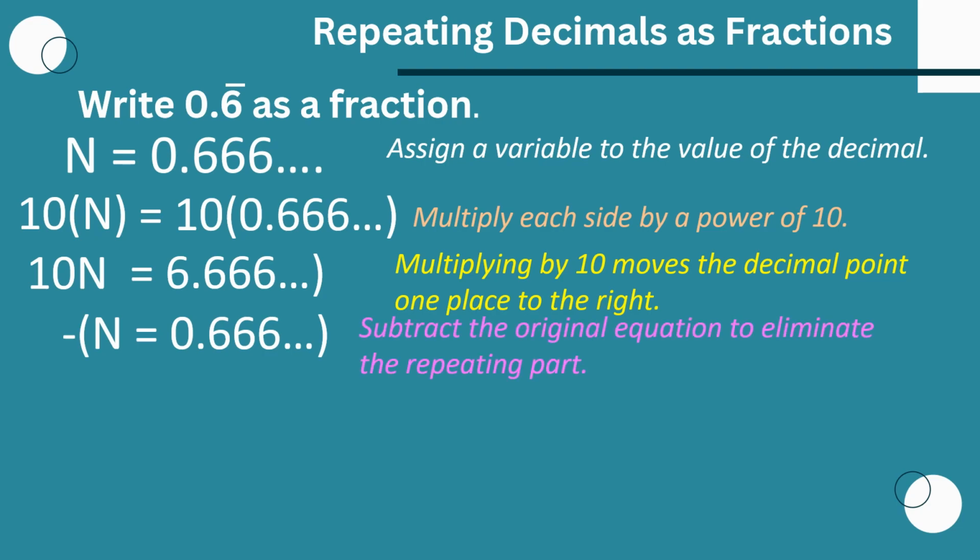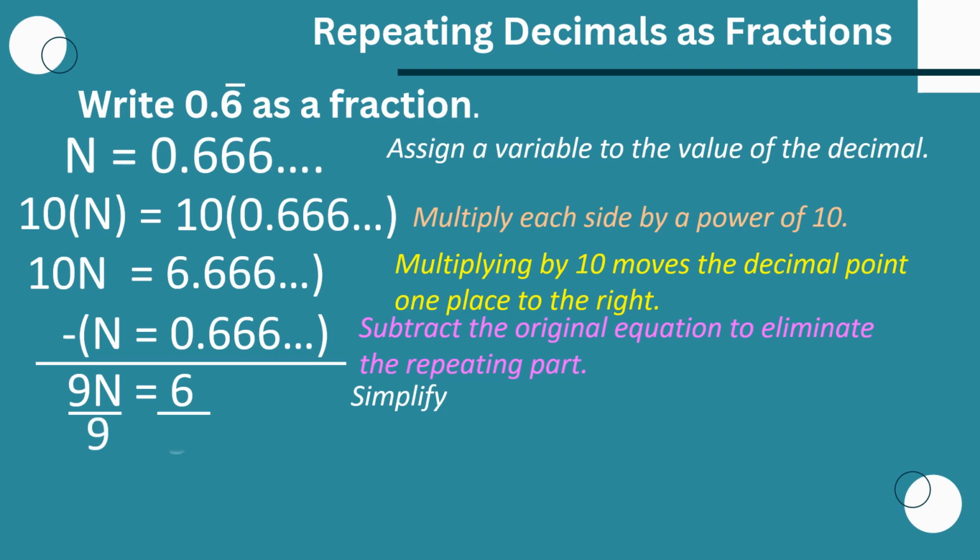After this, subtract the original equation to eliminate the repeating part. So we subtract n is equal to 0.666 and so on, and the difference is 9n is equal to 6. We simplify: 10n minus n is equal to 9n, and 6.666 minus 0.666 is equal to 6.